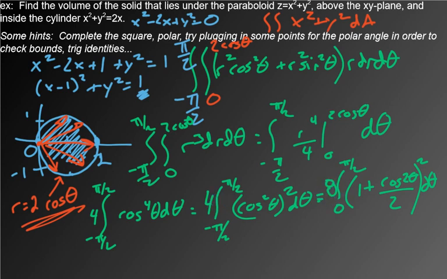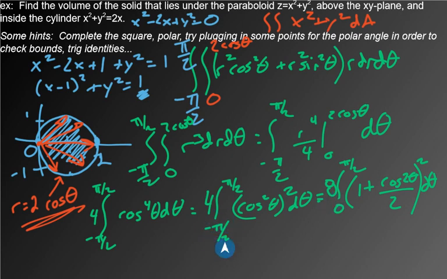This was a symmetric region above and below the x-axis, right? So if I just double my integral of half that, I should get the same amount of area, or volume, sorry. I'm saying that this region is going to give me the same as this region, so I can just double it. So 4 went to 8.